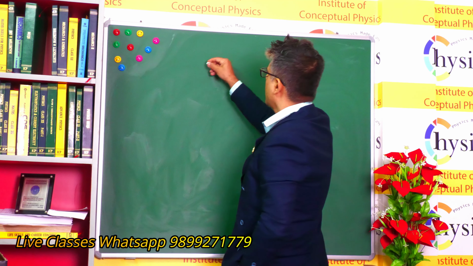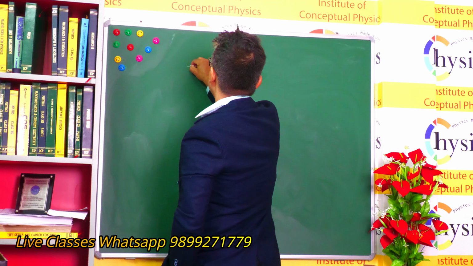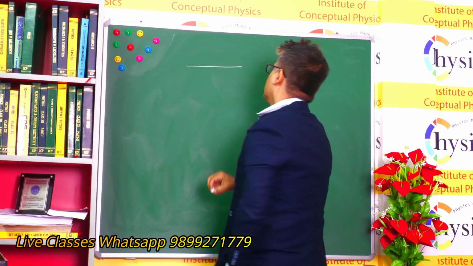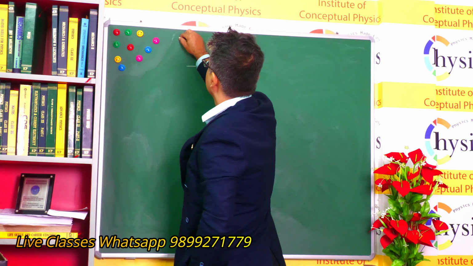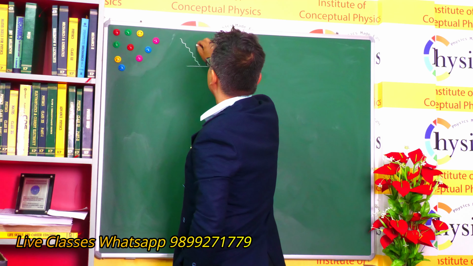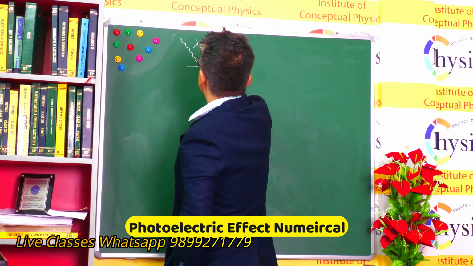All right, so you have this metal, and the metal is struck by a photon which has a wavelength of lambda 0.